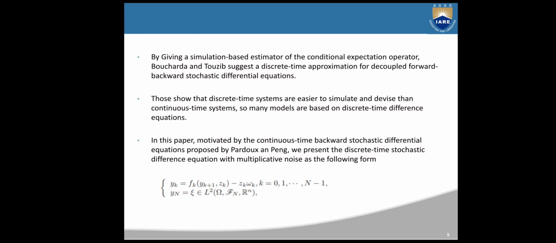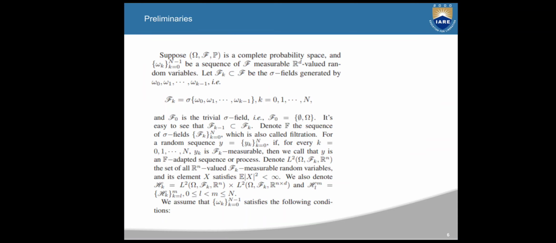These show that discrete time systems are easier to simulate and devise than continuous time systems. So many models are based on discrete time difference equations. In this paper, motivated by the continuous time backward stochastic differential equation proposed by Pardoux and Peng, we present the discrete time stochastic difference equation with multiplicative noise in the following form.